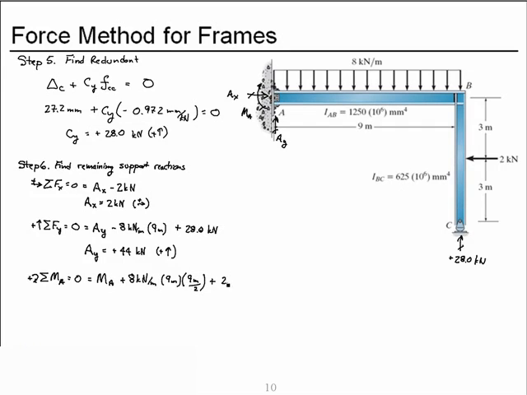We also get a positive contribution from the concentrated force acting through 3 meters, and a negative contribution from the vertical reaction at C acting through 9 meters. Put all of these together, MA is a negative 78 kilonewton meters, and we drew it originally as clockwise.